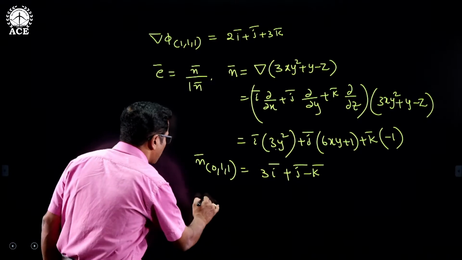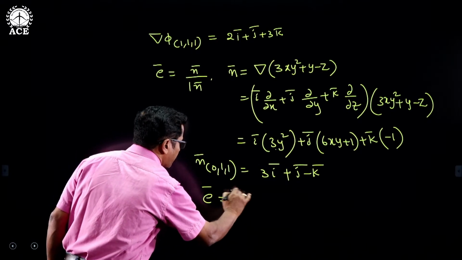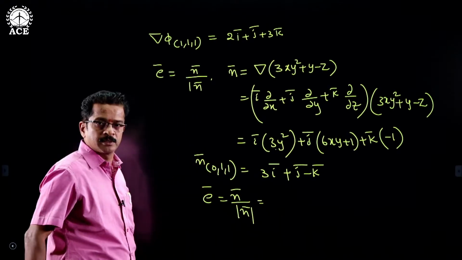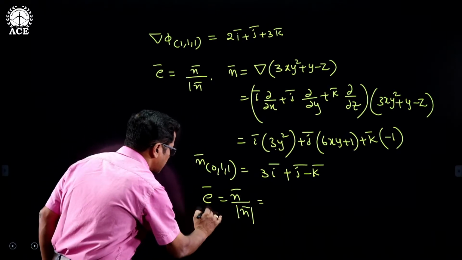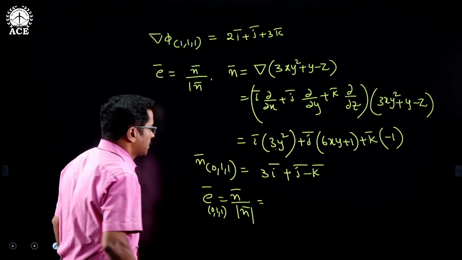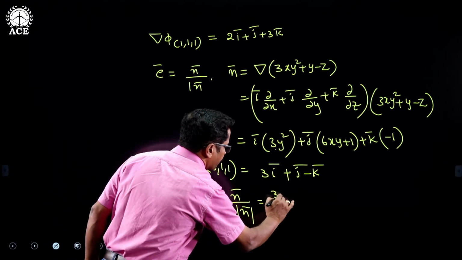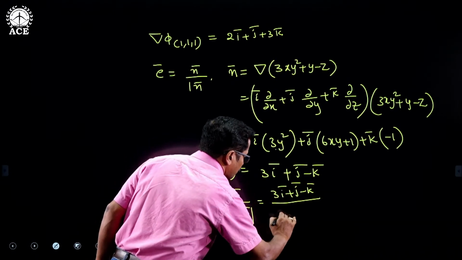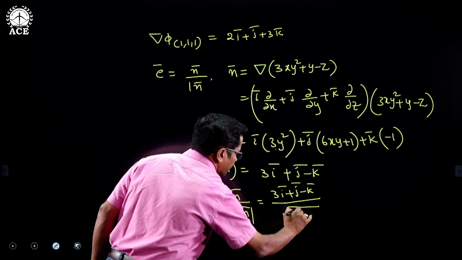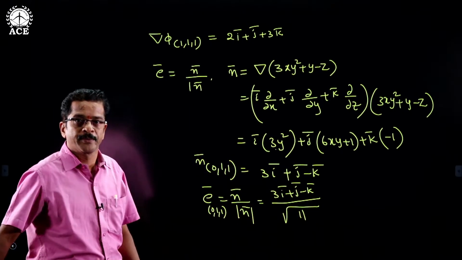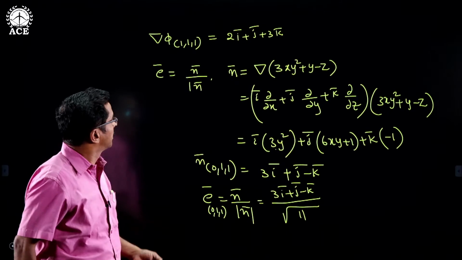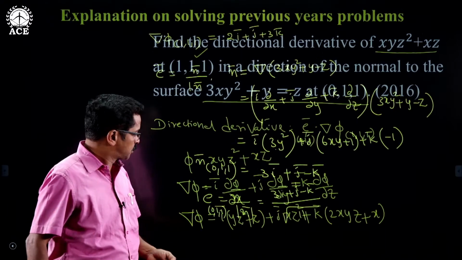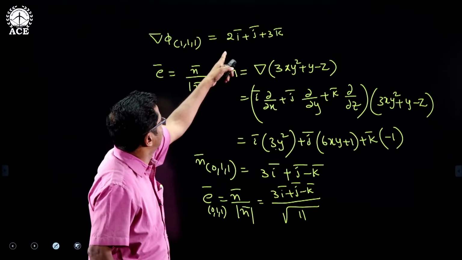Okay, so then E bar equals n bar by modulus of n bar. At this point I am going to evaluate E bar, which is equal to 3 i bar plus j bar minus k bar by root of 9 plus 1 plus 1, which is 11. This is E bar. Now the directional derivative is E bar dot del phi. So E bar we have and del phi we have.